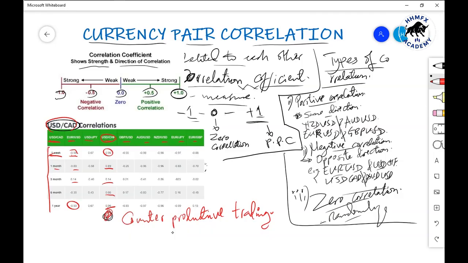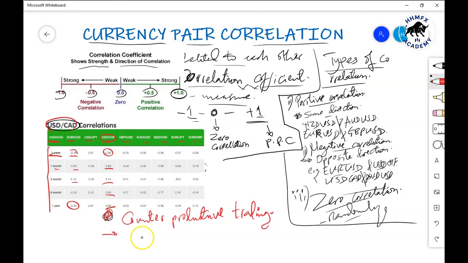Now in counterproductive trading, we're talking about the idea that you may trade 2 currency pairs or 3 or more at the same time, but mainly let us consider when you are trading 2 currency pairs with negative correlation.